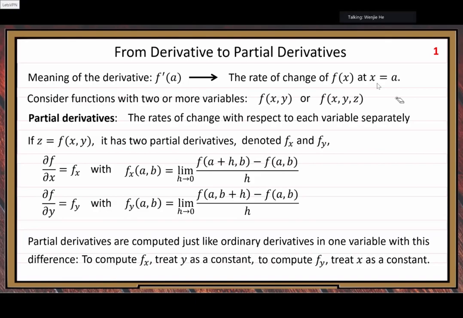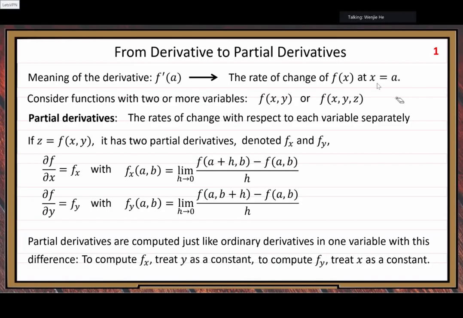But remember this view: you treat different variables as constant. Sometimes you treat a variable as constant, sometimes as a variable, so do not get confused. In this place, you treat y as a constant, but in this place, you treat y as a variable.